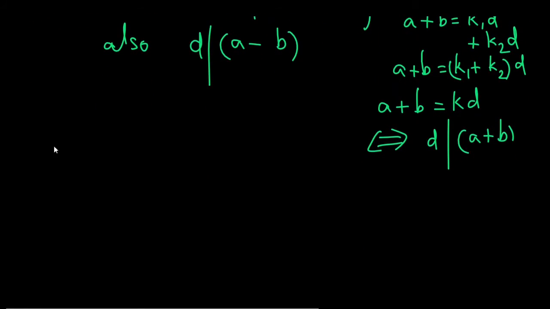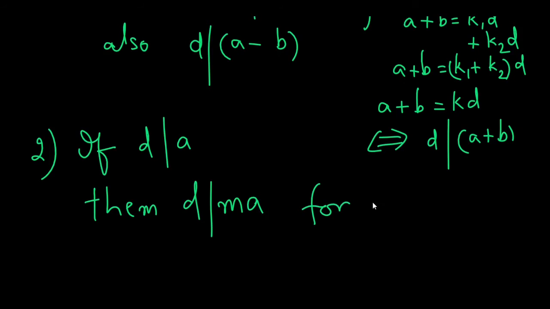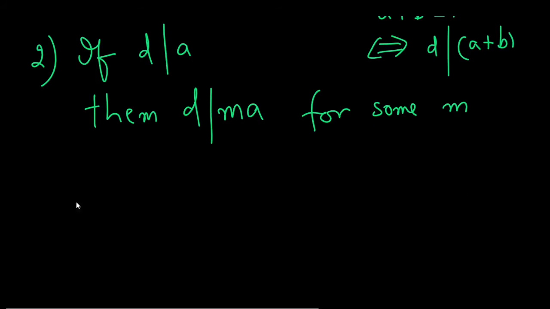Then the second property of divisibility we can see: if D divides A, then D divides MA for some integer M. In Euclid's division lemma, we have taken two positive integers a and b.